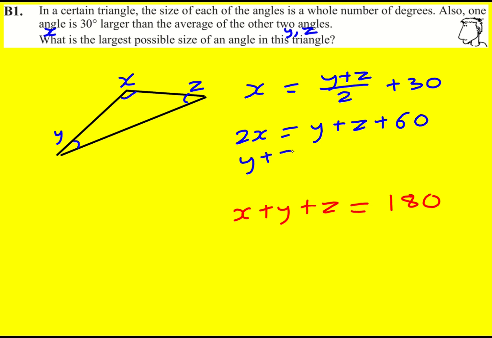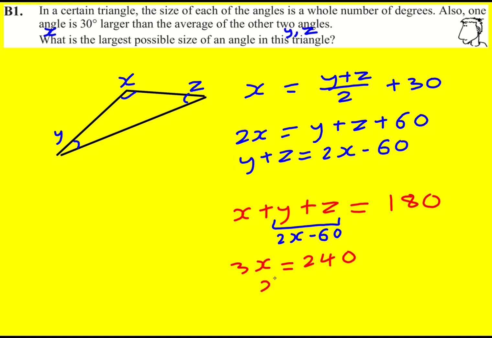So y plus z must equal 2x minus 60. So I can now replace this by 2x minus 60, which gives me 3x minus 60 is 180, or 3x is 240. And therefore it must be that x is equal to 80 degrees.